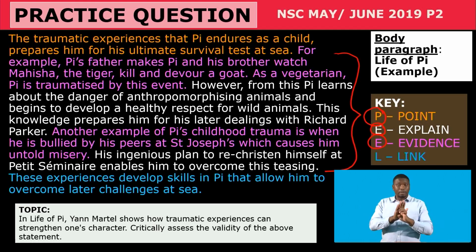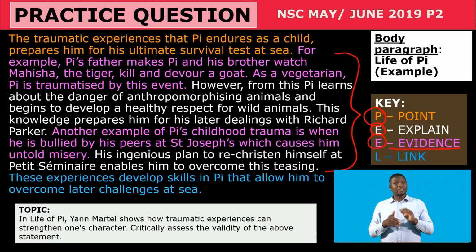So, for example, you see, that indicates to us that we are providing evidence. Pi's father makes Pi and his brother watch Mahisha, the tiger, kill and devour a goat. So very important, in the novel, Mahisha devours the goat and not Richard Parker, as many falsely believe and write. As a vegetarian, Pi is traumatized by this event.